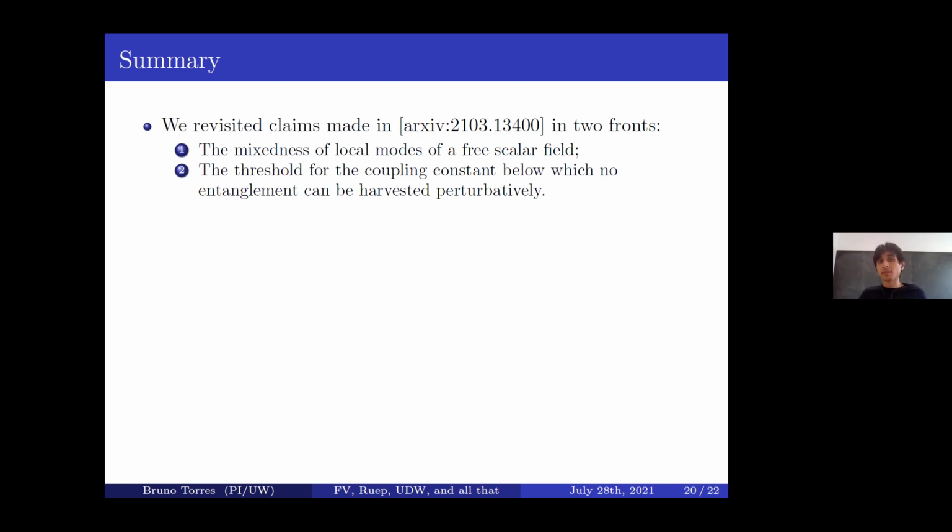And we also quantitatively evaluated, at lowest order in perturbation theory, the value of the critical coupling strength for any initial value of mixedness such that no harvesting can occur at lowest order.